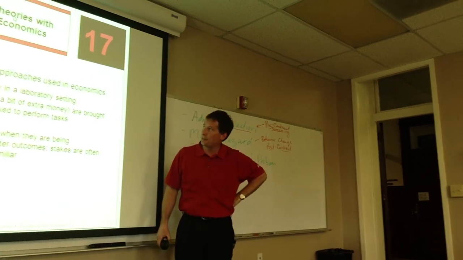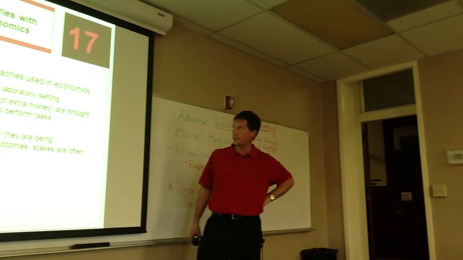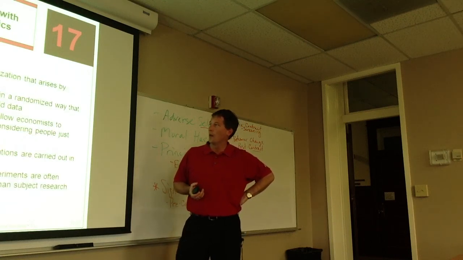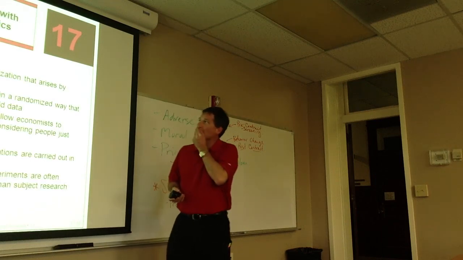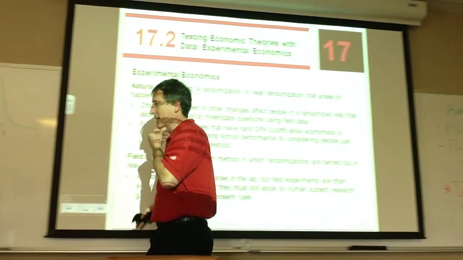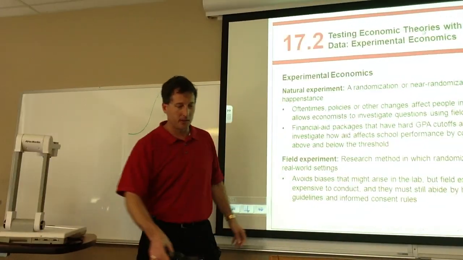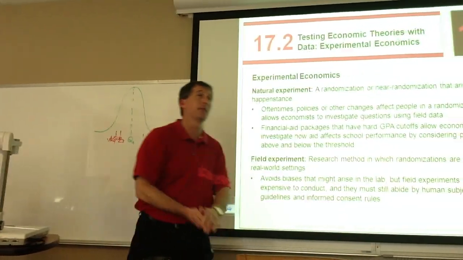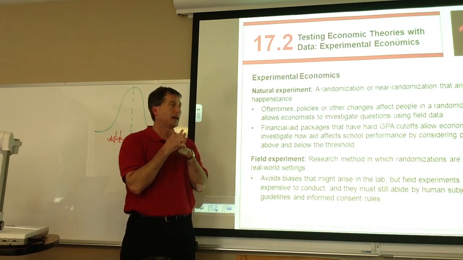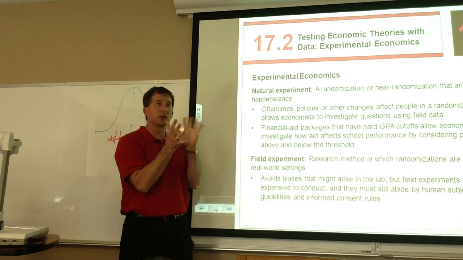So this is the lab experiment. That's what we just went over. And then there's a couple other variations of this. A natural experiment happens when you take advantage of something that happened or policy that's in place. Sometimes this is like a border study too.